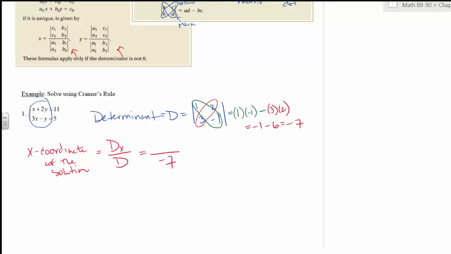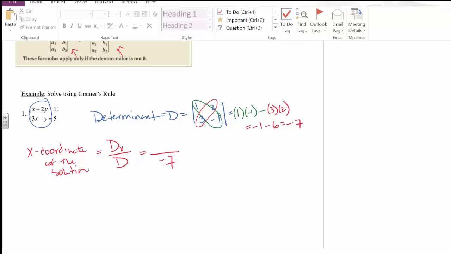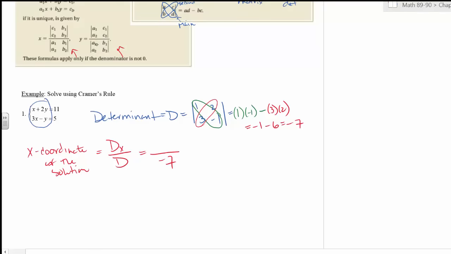Okay, good question. So all you do to find the determinant with respect to x is replace the x column with the right-hand side. Instead of the normal x column, you're going to write the right-hand side, which is 11.5, and then you keep the y column the same because you're not interested in the y right now.